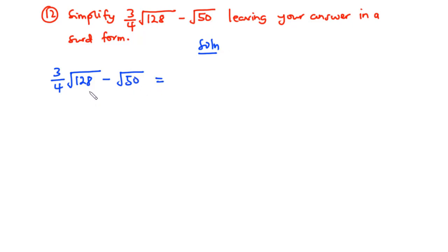Now to solve this problem, we need to find a way of reducing the surd 128 and the surd 50. Now to reduce any surd, you need to pick two numbers that multiply to give you that value under the square root. And out of the two numbers, one of them is supposed to be a perfect square. Now what is a perfect square?